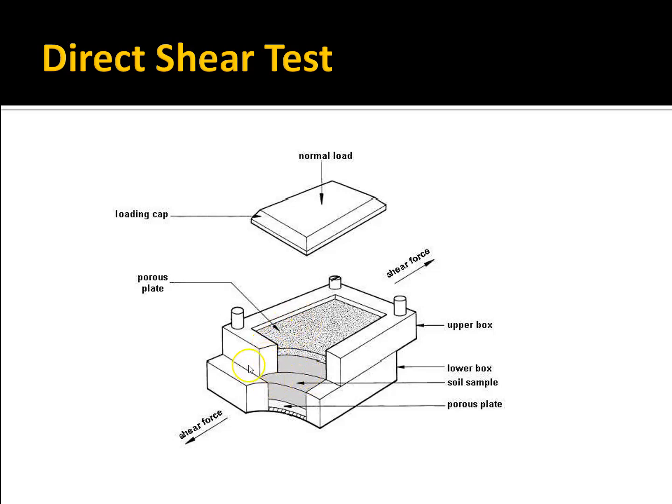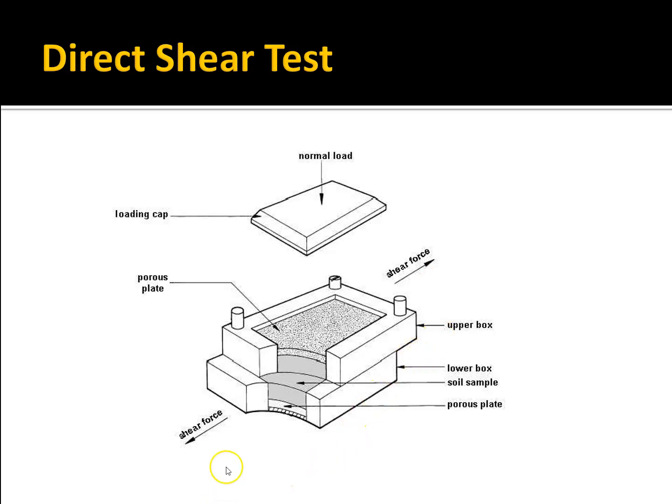So when you first put this together, these are lined up, and you fill it completely with soil. And then you have this plate on top that fits right here, and that puts a normal load on the top. And that, divided by the area right here, would be the total stress that's applied.